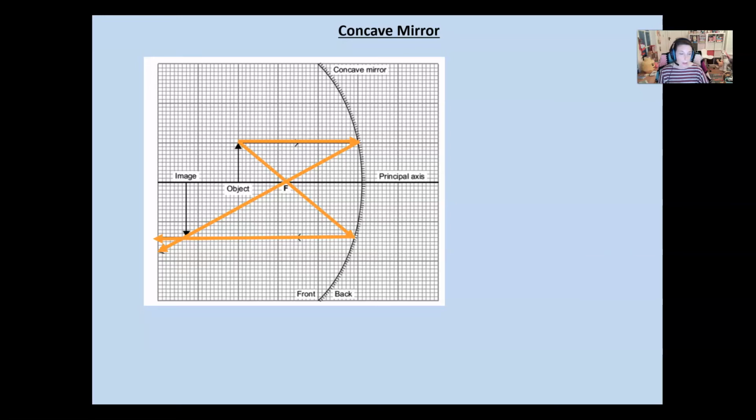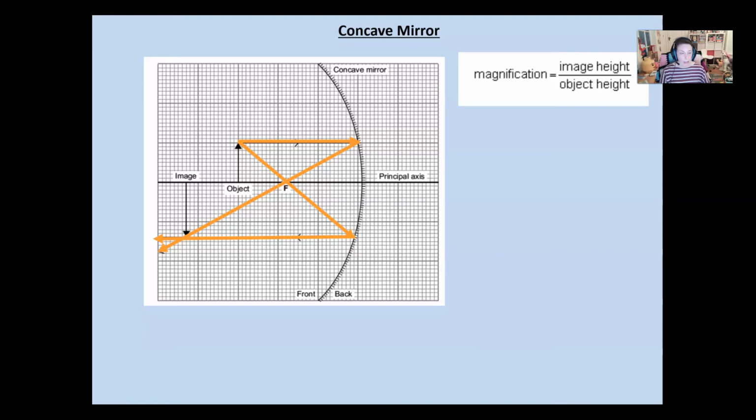So you can see your image there. Let's do that again. A parallel line is reflected through the focal point. One that goes through the focal point is reflected parallel. And that's where your image is formed.